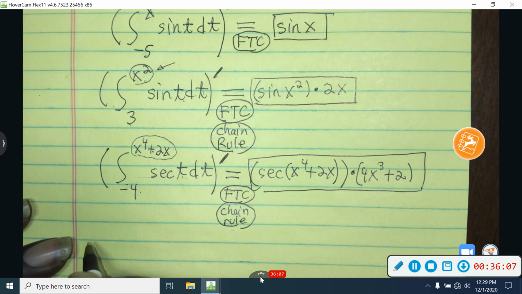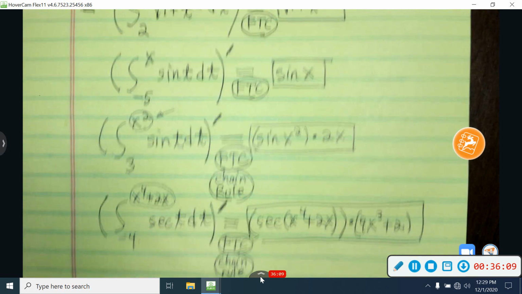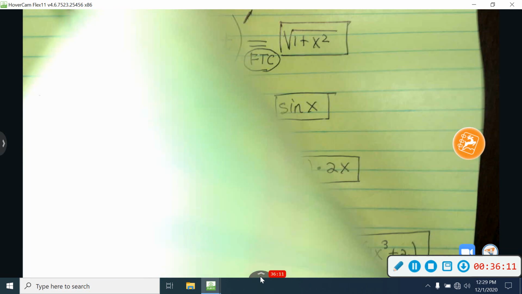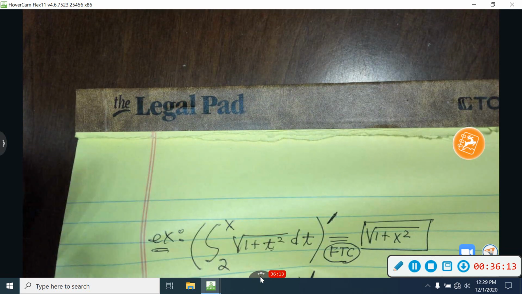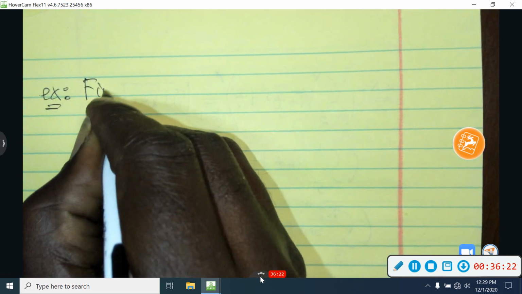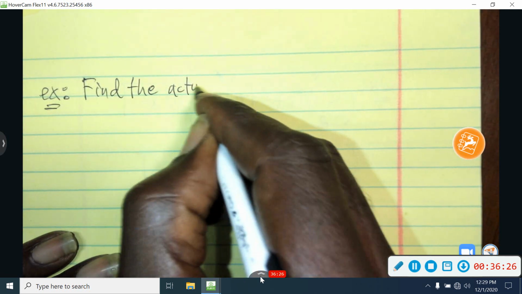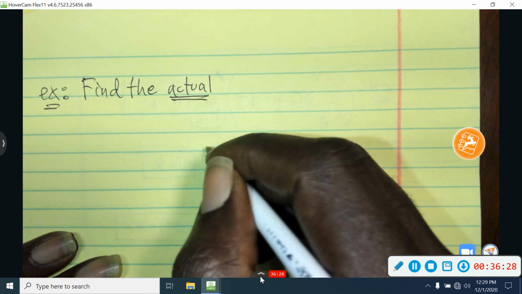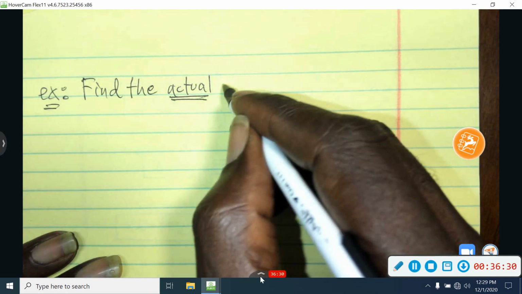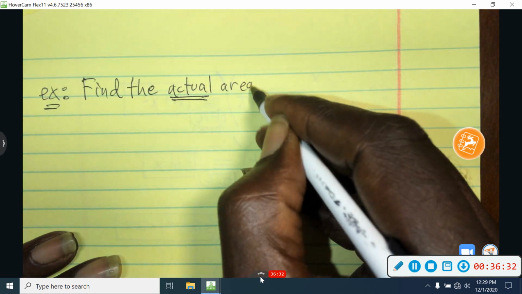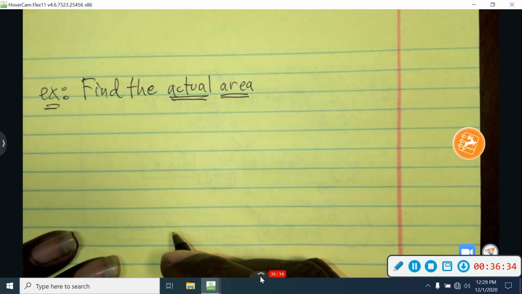So let's do this. What if someone said this? So here's an example. Find the actual area. So they won't say actual, they'll just say area. But I'll just remind you, we're actually finding the actual area, not estimating it.